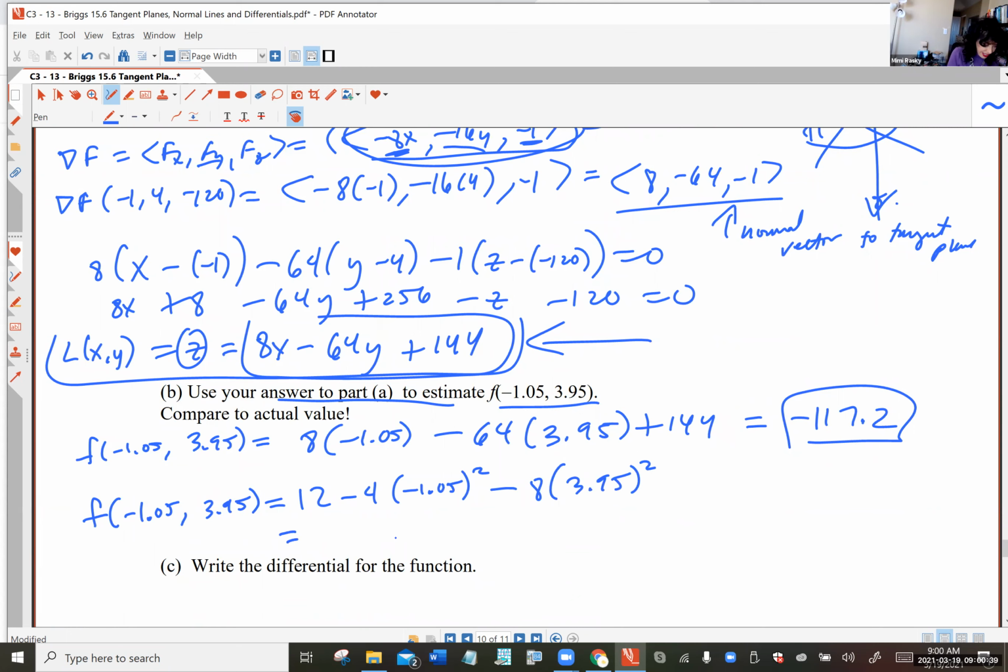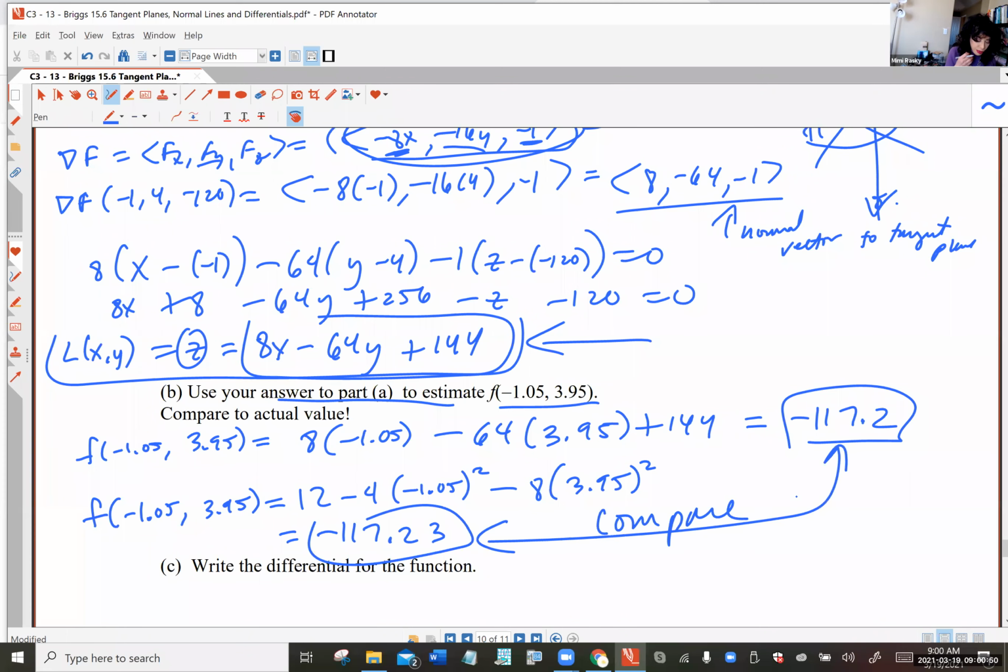Again, whip out the calculator, and I get about -117.23. So when you compare these two values, do you think that our linear approximating function is a pretty good approximation? Yes or no?